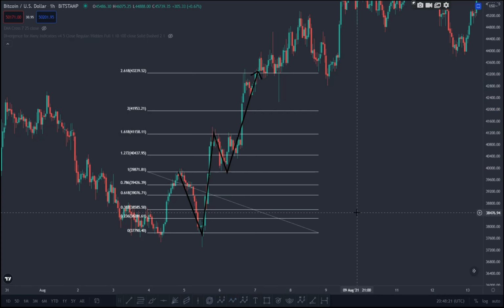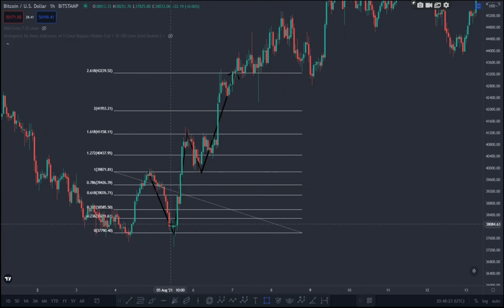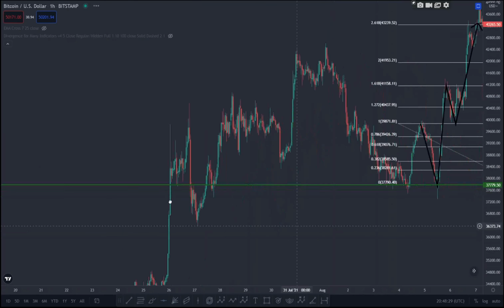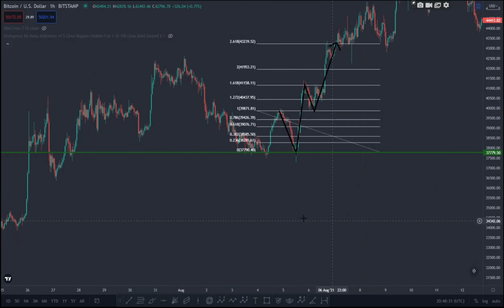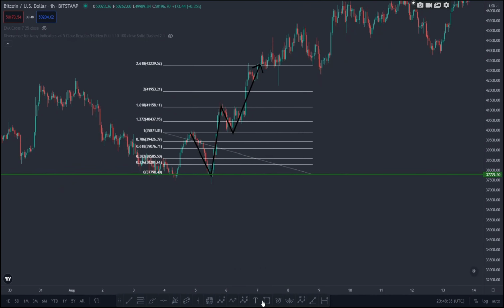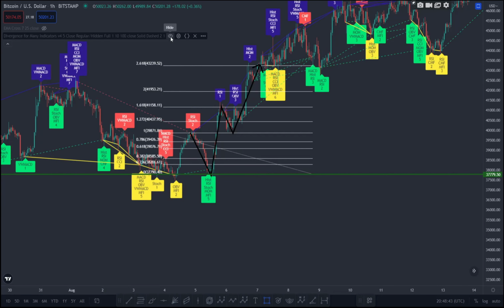So this is also a way of taking trades. Yeah, if you know that you have a support area right there, because you know the price bounced. And of course, you need to use indicators that will indicate that the price will move back up. Let's see.